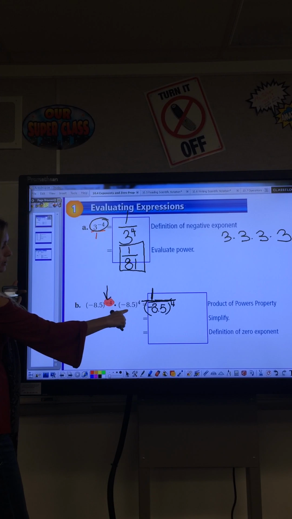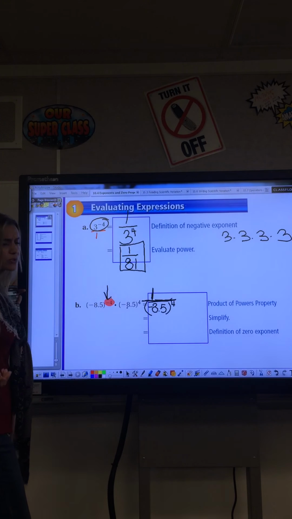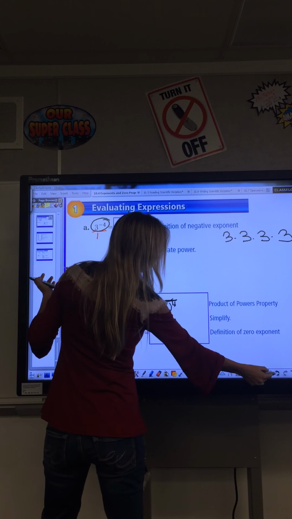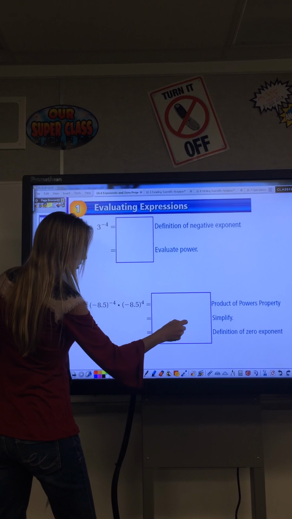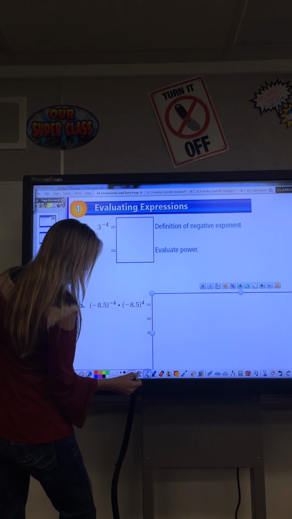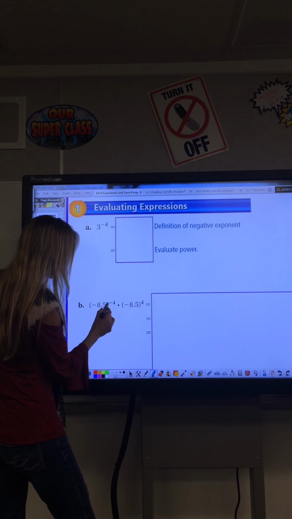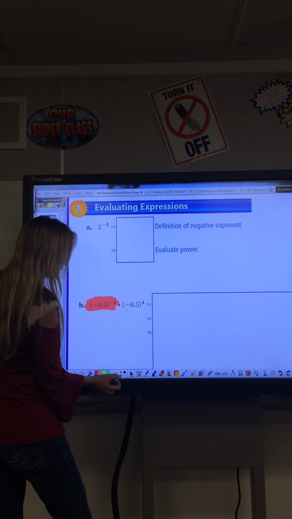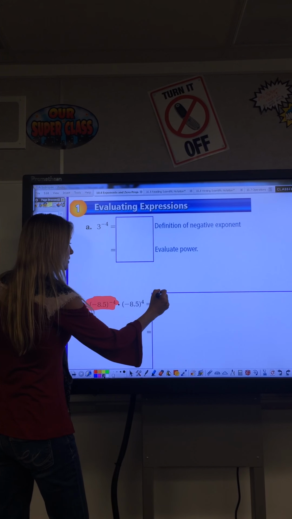Now what do we have here? Negative 8.5, just a plain old 4th power. So that's good. Let me clean that up a little bit. I don't like how it looks. Now let's write that. So this thing is raised to the negative 4th power, so we need to make it positive, so we'll put that in a denominator.